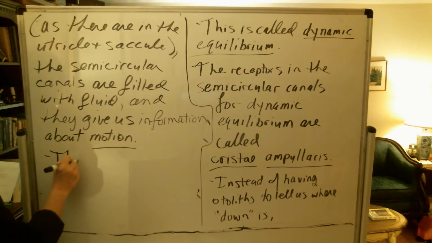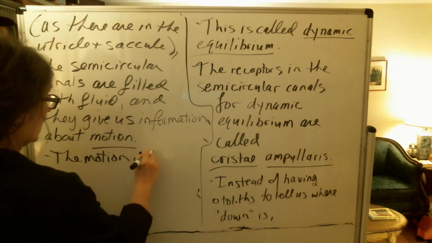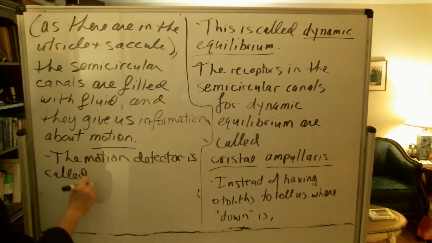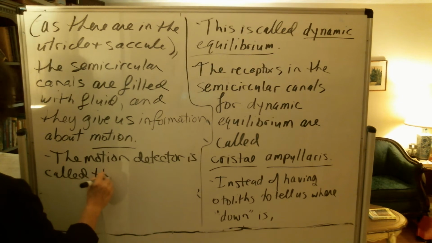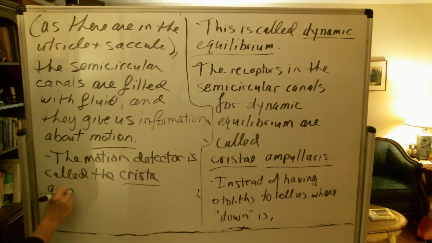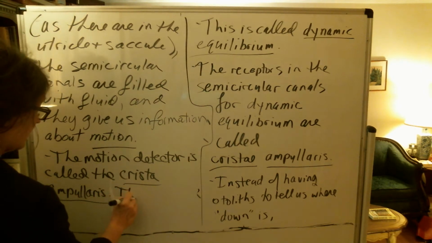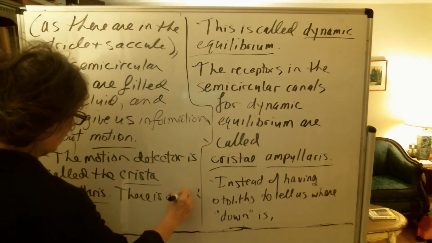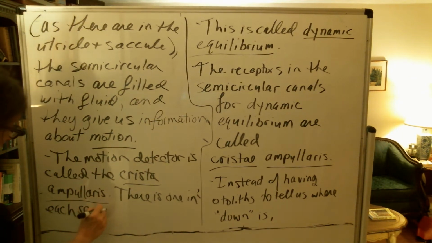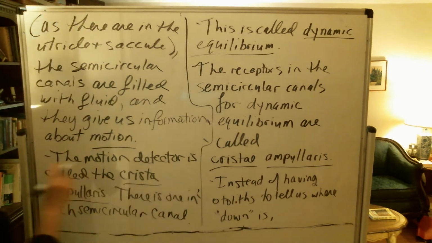And the motion detector is called the crista ampullaris, and there is one in each semicircular canal.